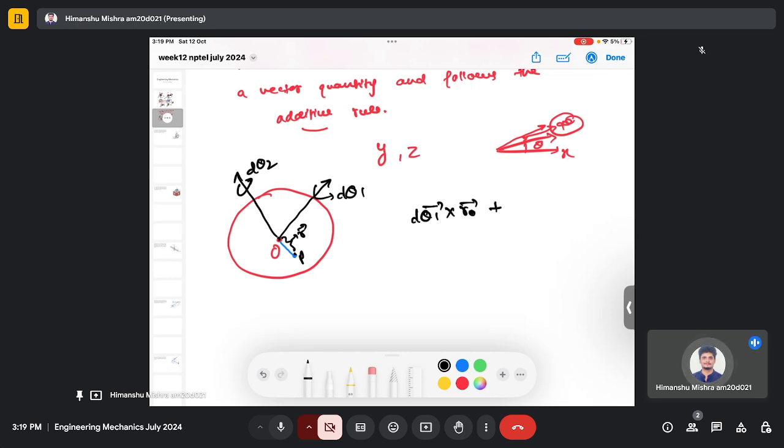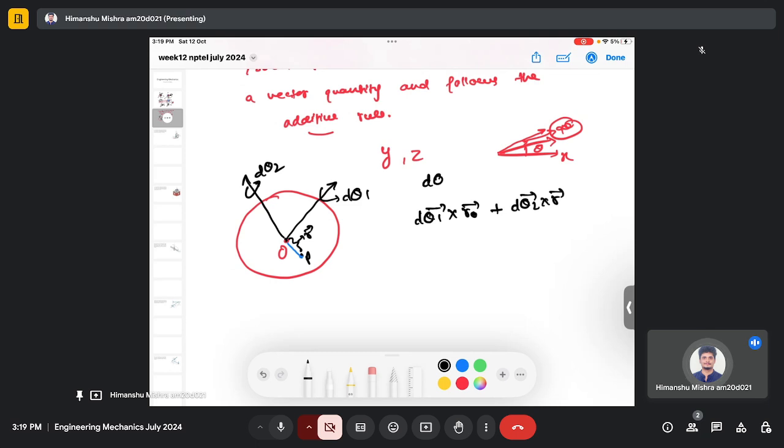Then you exhibit a rotation d theta 2 and the point P will move d theta 2 cross r. Right? So first you exhibit rotation along d theta 1 and then along d theta 2, and the point P will move following this equation and it will reach a point P dash.